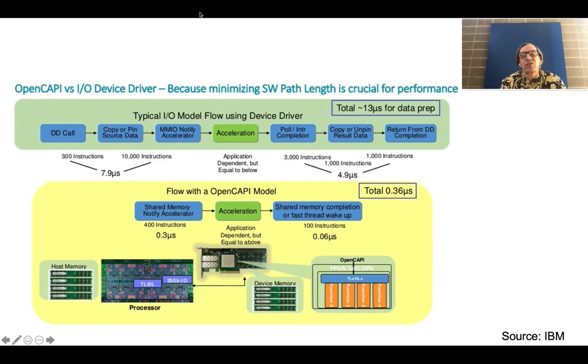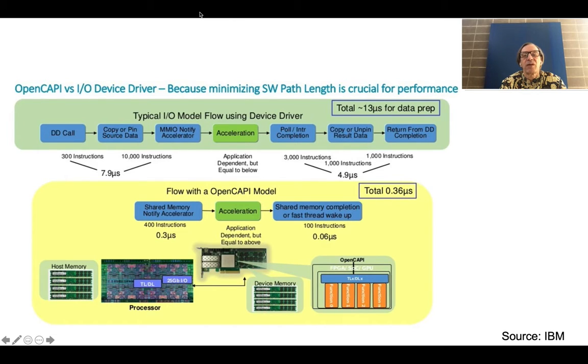The accelerator's function, and then to get the results back, an interrupt or completion of a polling, copying it back to the user space and returning from the device driver. And it's not atypical for that round trip to take something like 13 microseconds.